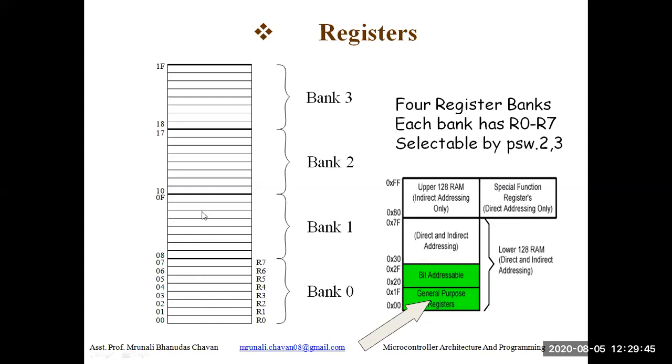The second bank registers begin at 08 to 0FH. The third bank registers are also named R0 to R7 and begin from 10 to 17H, and the last one, bank 3, is from 18 to 1FH.